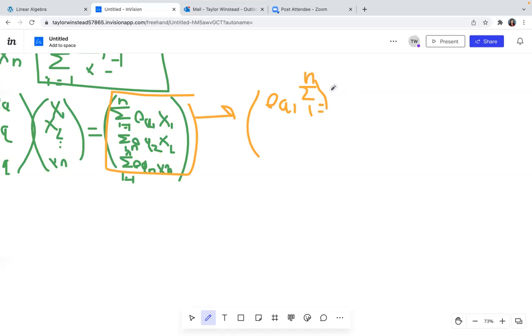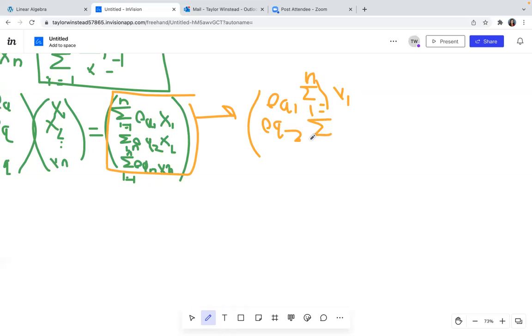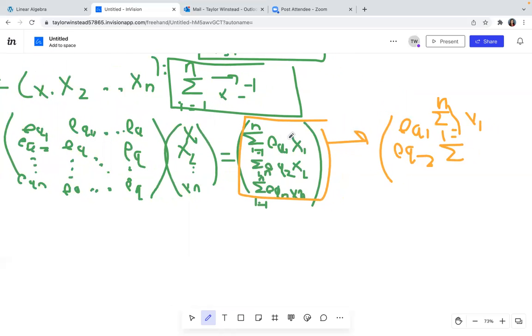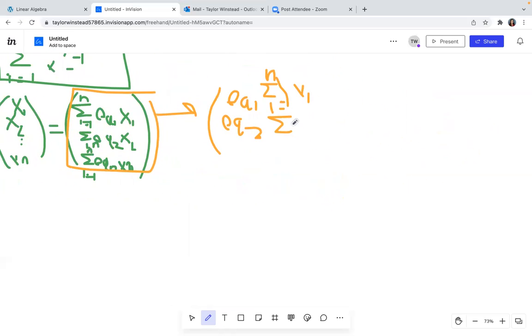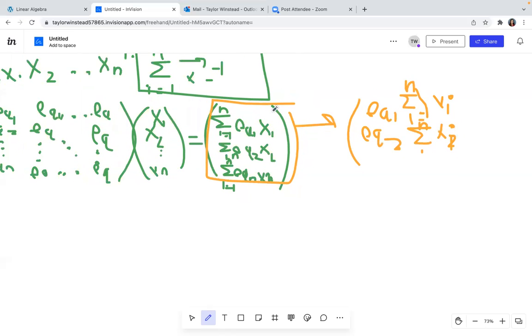Oops, I'm writing this very poorly. Sorry, this should be x_i. These should all be x_i's.